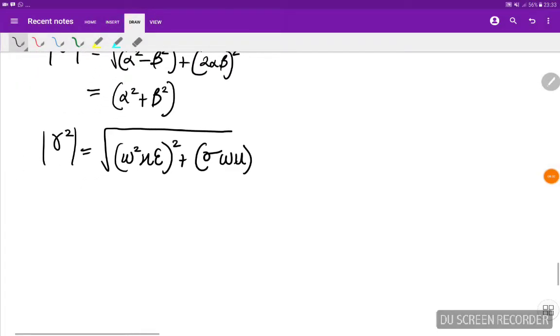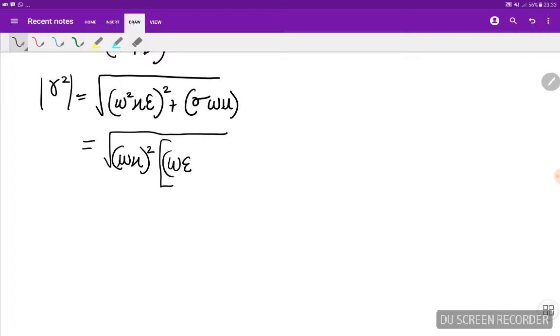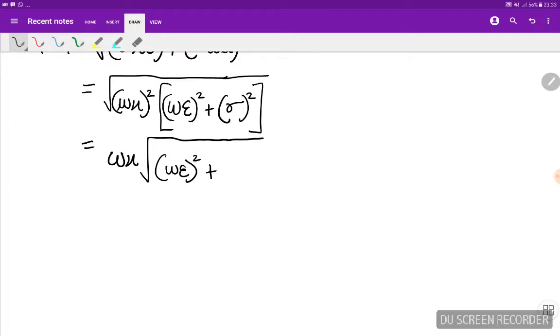That gives us the square root of omega mu squared, all into bracket omega epsilon squared plus conductivity squared. The square root of this squared is just omega mu, all times the square root of omega epsilon squared plus conductivity squared.